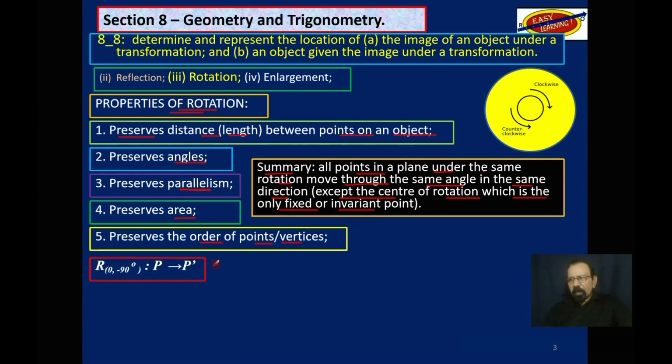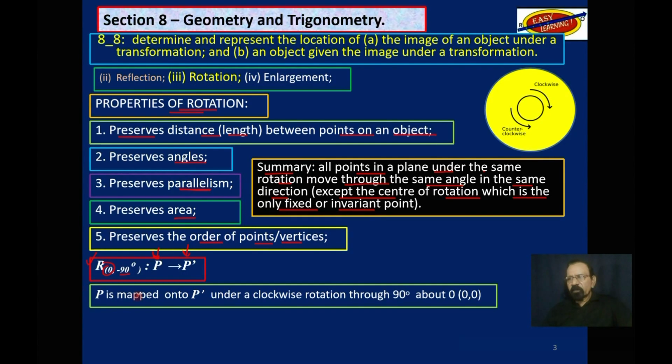Now, if you see something like this, that means a rotation at the origin of negative 90 degrees, where all points on the object map onto corresponding points on the image.